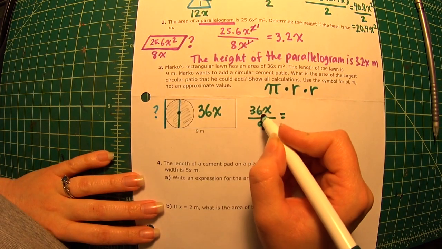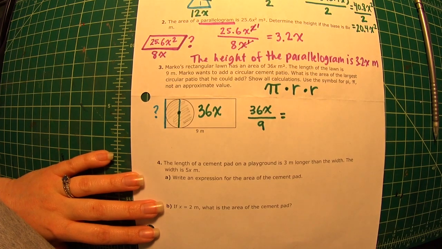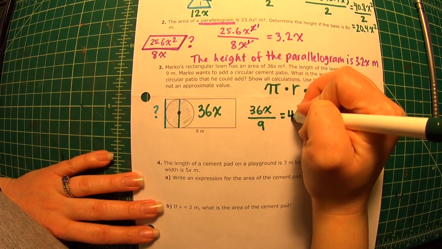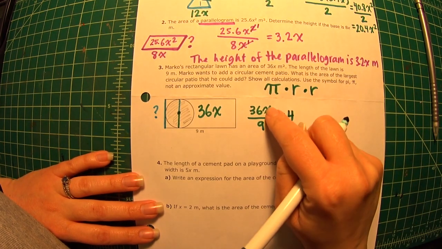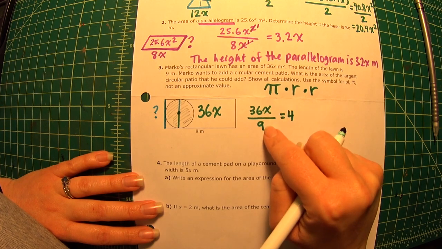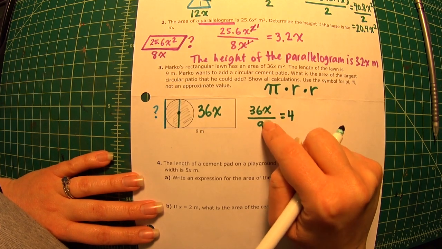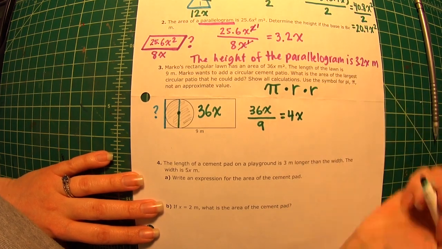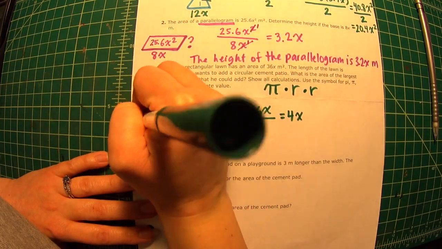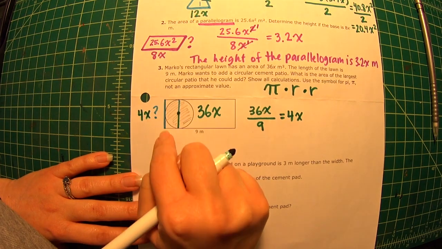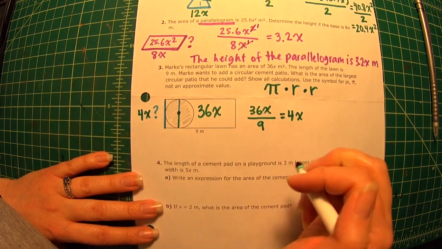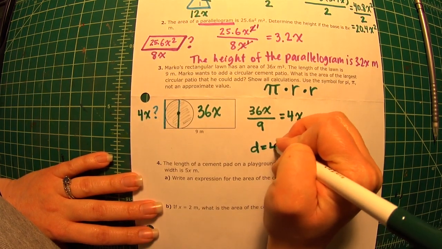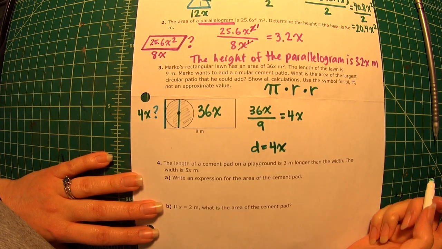So let's see. 36 divided by 9 is 4, and then I've got an x on top, no x on bottom, so there's nothing to cancel with it, nothing to subtract, so it's just going to stay as x. So 4x is my missing factor, and that means my diameter of the circle is 4x.